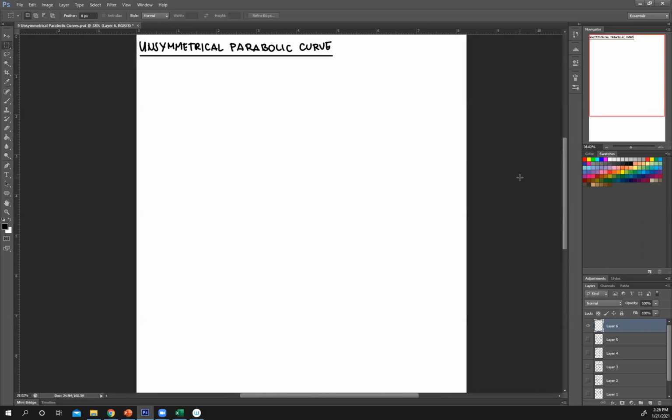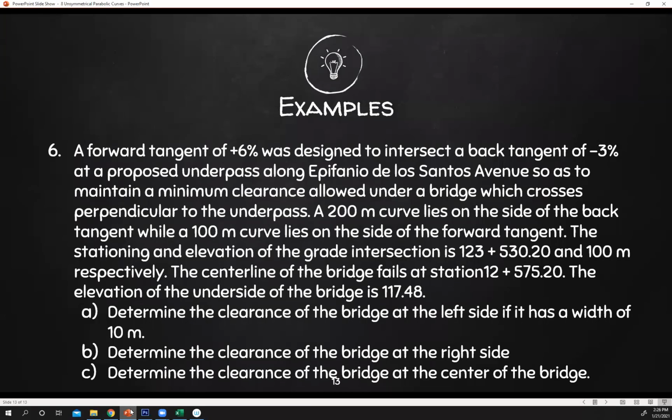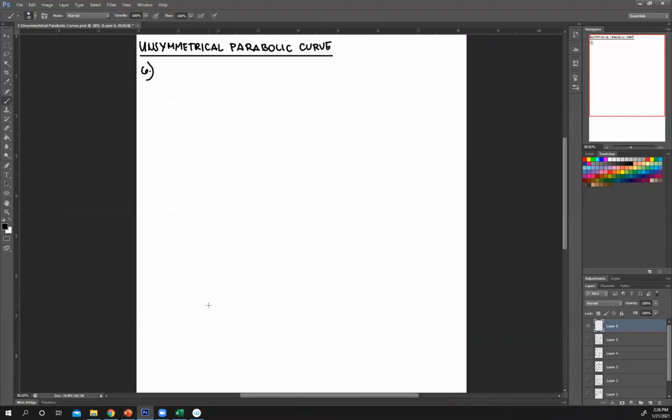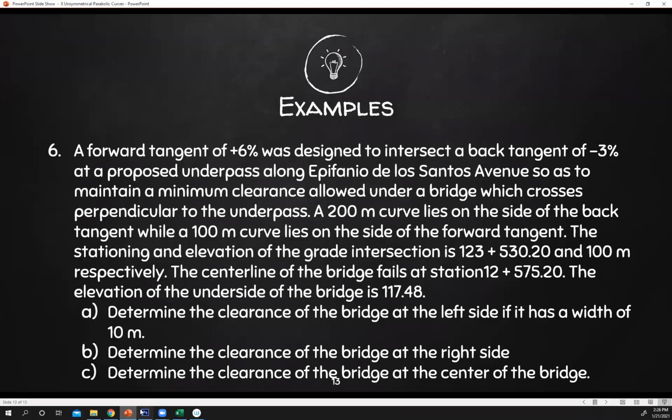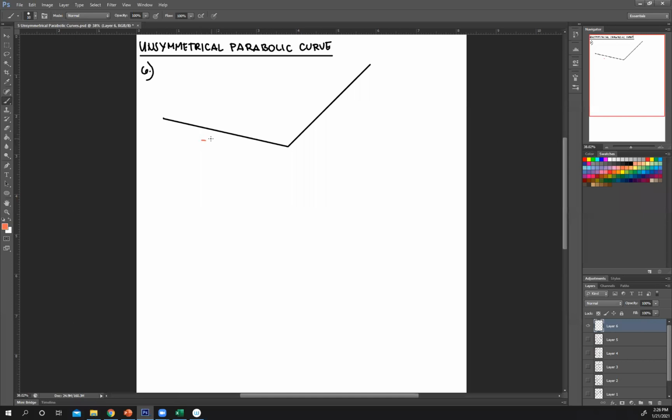The back tangent is negative 3, so that's downward, then upward at 6.